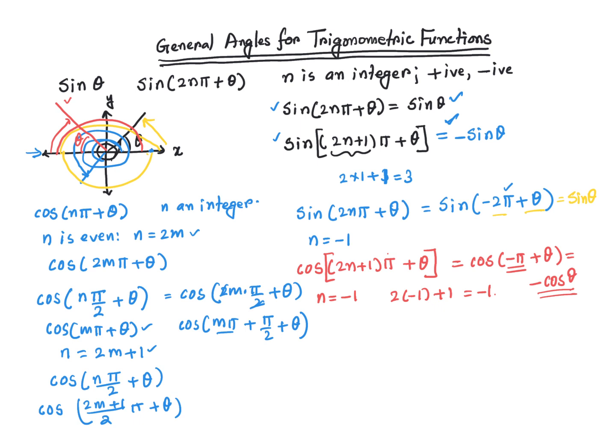And then you have to go another 90 degrees and then another theta, which will land you in the fourth quadrant. But if m is even, then you're going to end up right here, okay? And then pi over 2 is going to take you here, and then theta is, let's say, going to take you right here. So you kind of have to do a little bit of analysis.